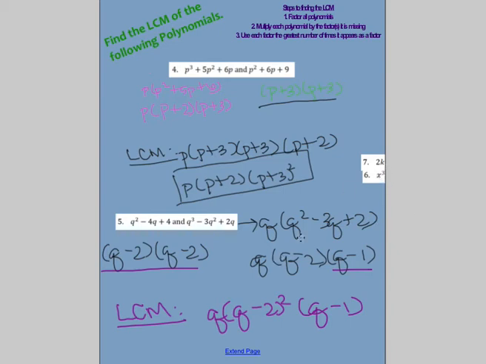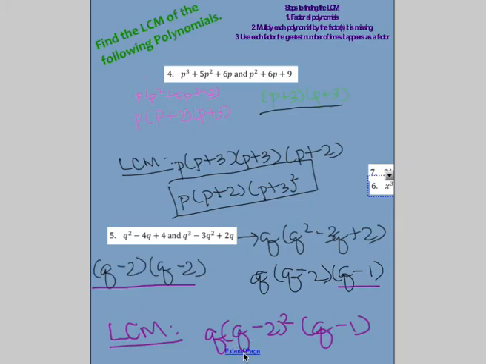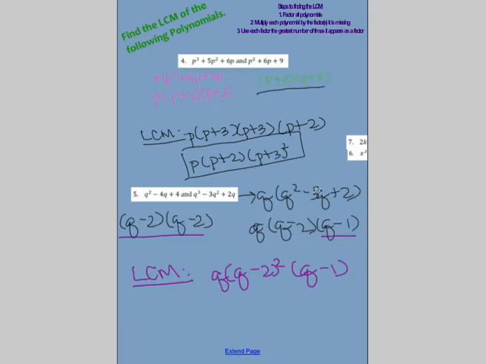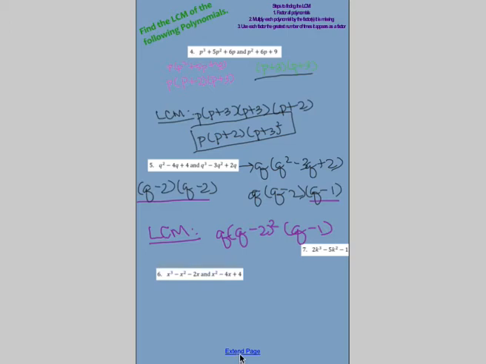Example 6, let's go ahead and look at that one. Example 6, we have x cubed minus x squared minus 2x.